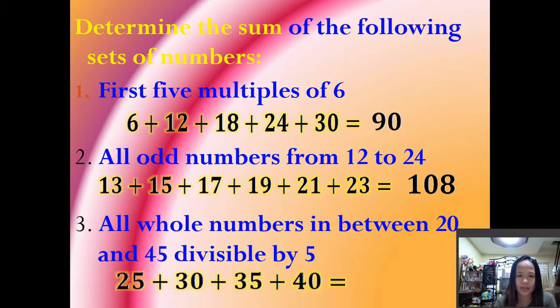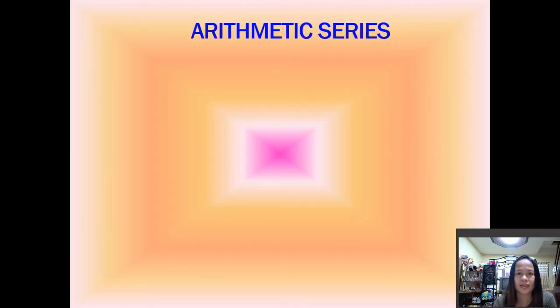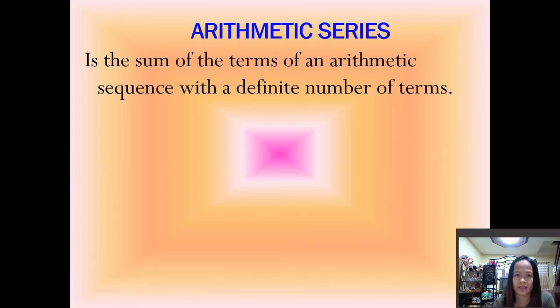So we have 25, 30, 35, and 40. So if we are going to add all these 4 numbers, we come up with 130. So the sum of all whole numbers in between 20 and 45 that are divisible by 5 is equal to 130. Okay. So what is an arithmetic series then?